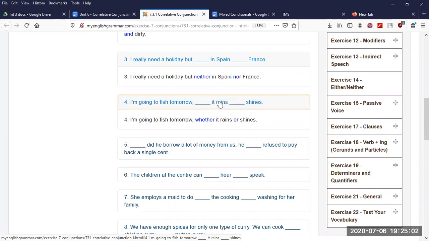It doesn't matter if it rains, it doesn't matter if the sun shines. We also use the phrase come rain or shine, which is very similar. So basically they're saying, I'm going to go fishing tomorrow. It doesn't matter if it rains, or it doesn't matter if it's a good, nice day.